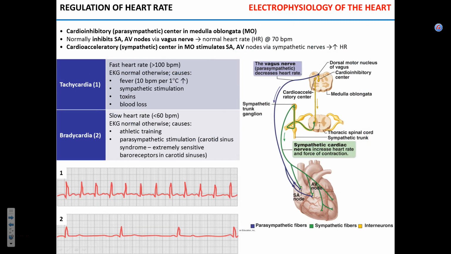So, the heart rate regulation is pretty straightforward. It's the teeter-totter. You have vagus nerve and sympathetic cardiac nerves. Vagus nerve originates in the medulla oblongata, the so-called cardioinhibitory center.